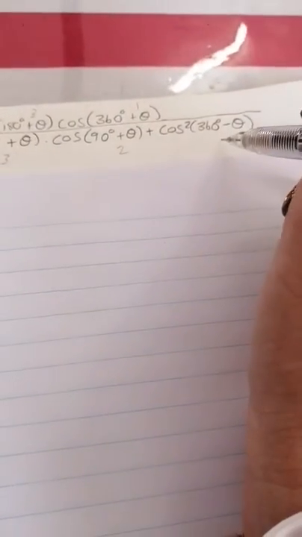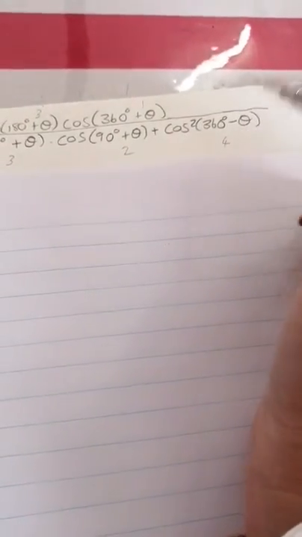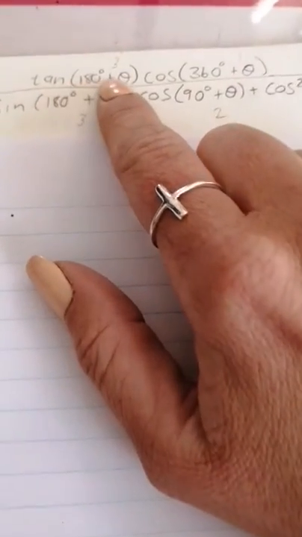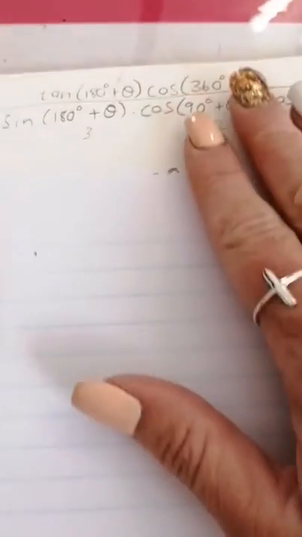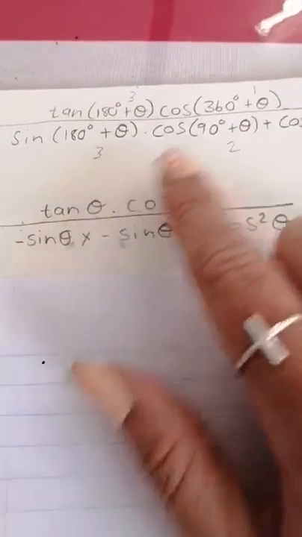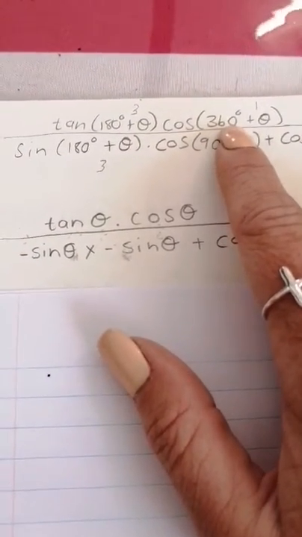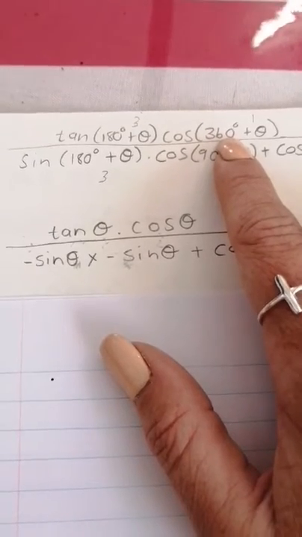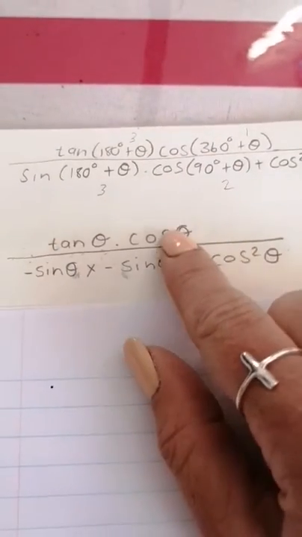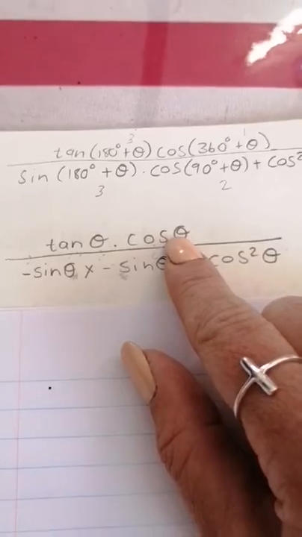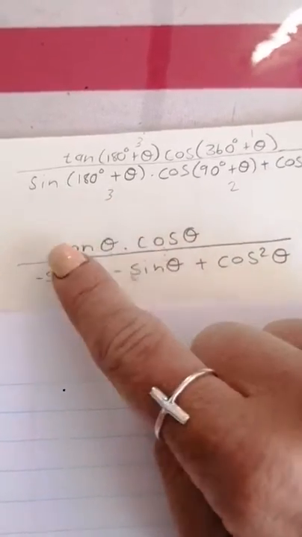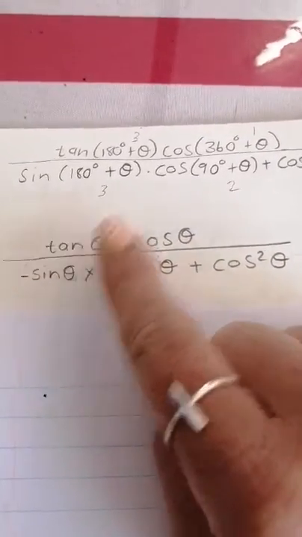Second. 360 minus? Fourth. Okay, so now we just need to change the signs accordingly. So tan in the third quadrant is positive, so it's just tan theta. Cos in the first quadrant is positive, so it's cos theta. Okay, at the bottom, sin in the third is negative sin theta.